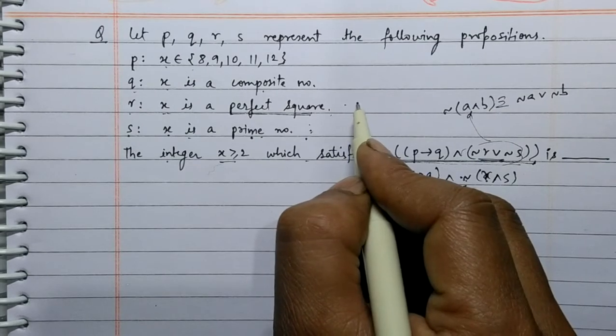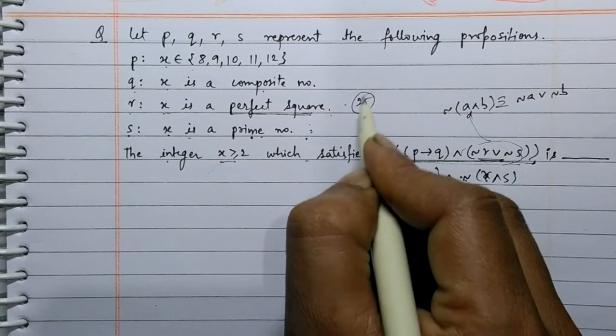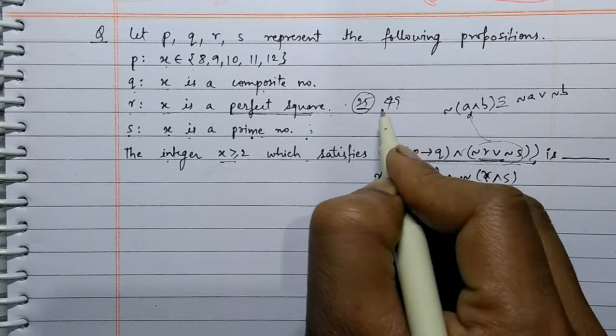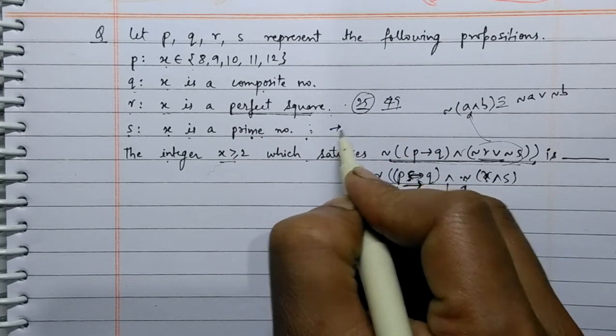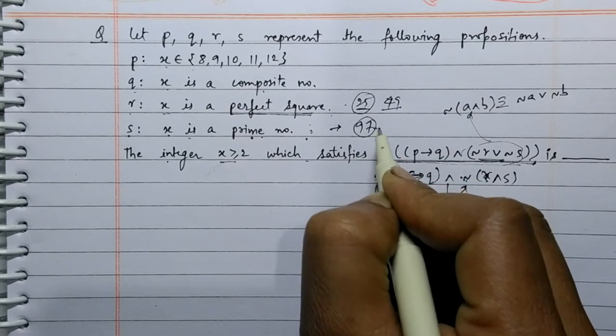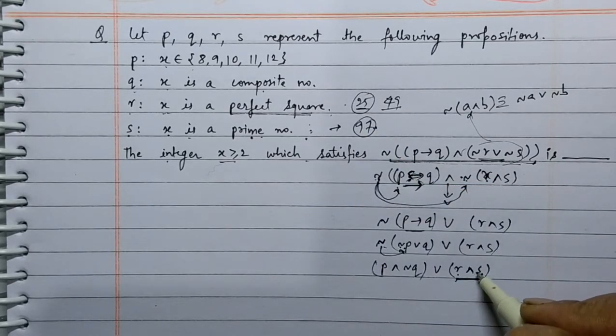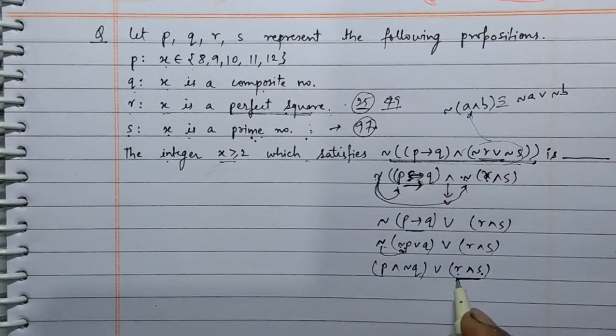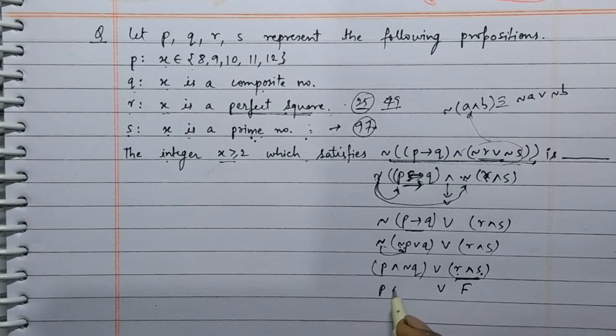Suppose 25 is a perfect square, it is not prime. Perfect square 49, it is not prime. Say prime 97, it is not a perfect square. So a number can't be square as well as prime at the same time, so it will always be false. So false or P and not Q.